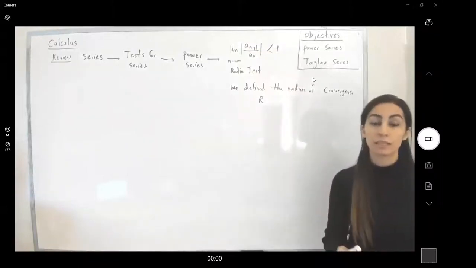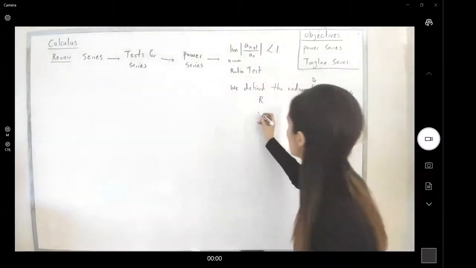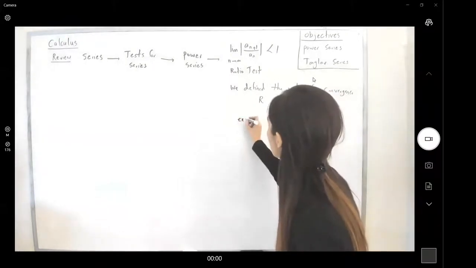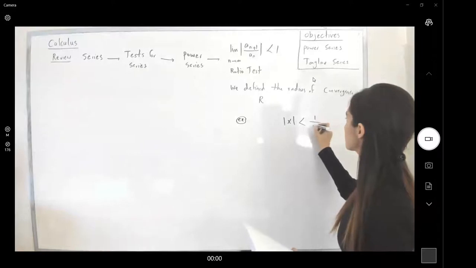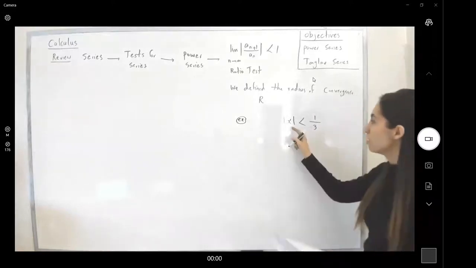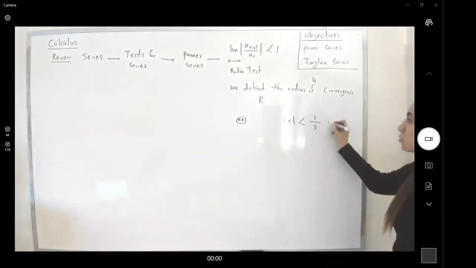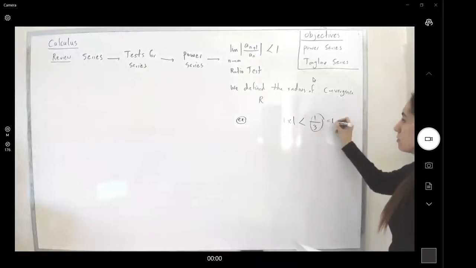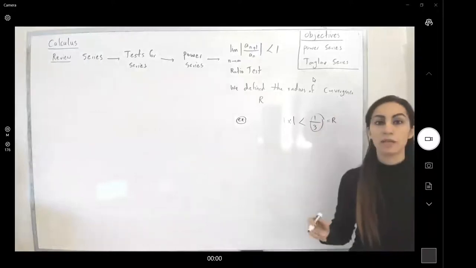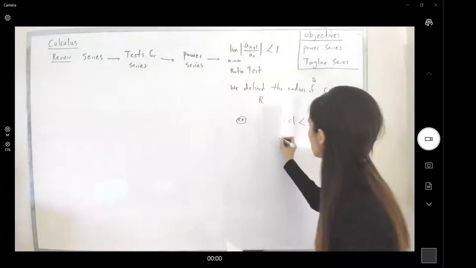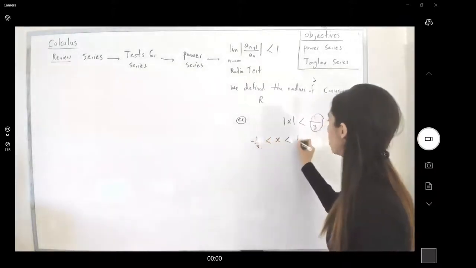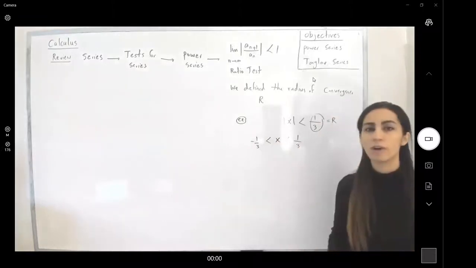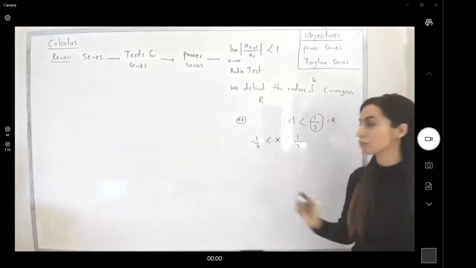Then we said that this R actually gives, for example, a boundary for X, if a is equal to 0, and suppose this is your R, but it doesn't tell us anything about the boundary values. It says X is bounded between -1/3 and +1/3. What if I plug in X equals -1/3?